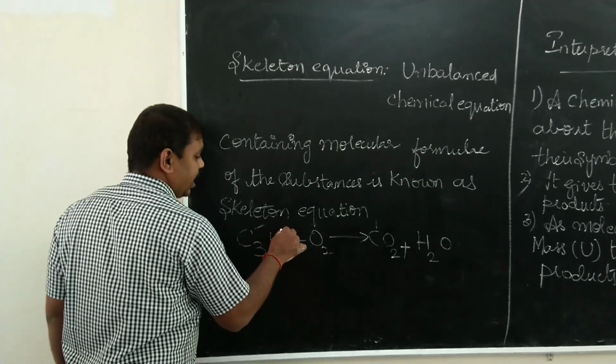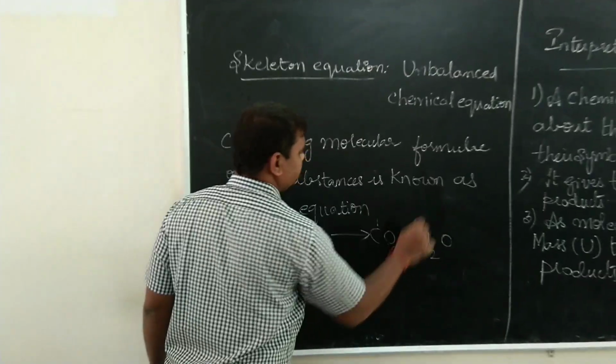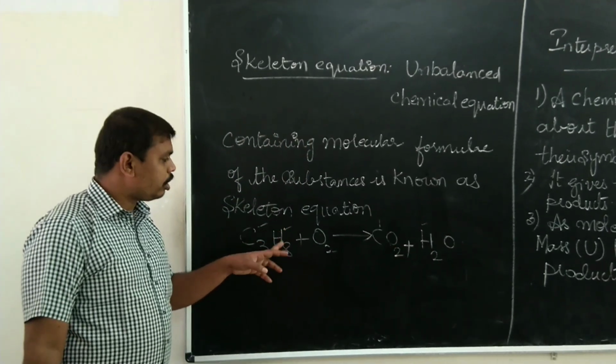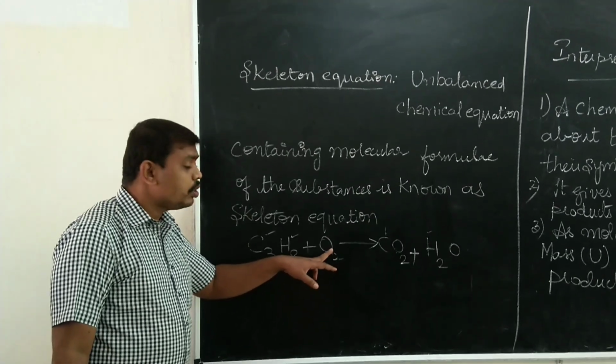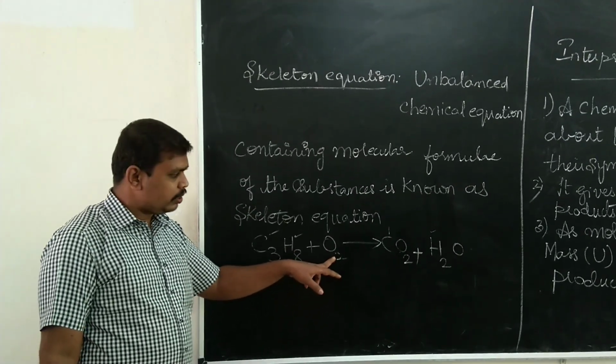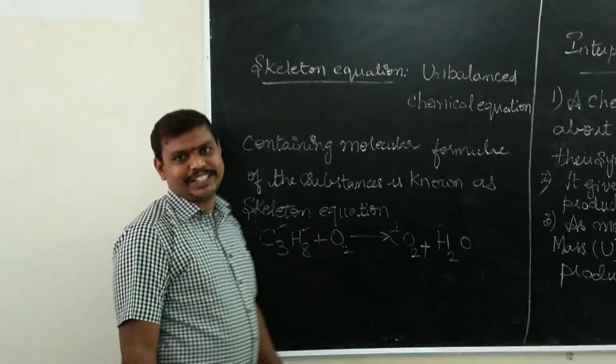Let us check the hydrogens. 8 hydrogens are there and 2 hydrogens are there, so this is also not balanced. Similarly, when we come to the oxygen, there are 2 molecules of oxygen on the left, but on the right when we combine 2 plus 1, 3 atoms of oxygen are there.